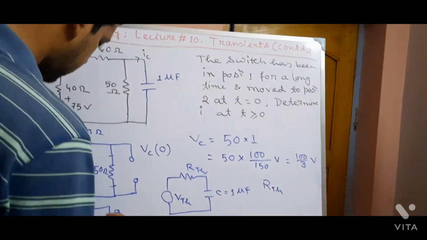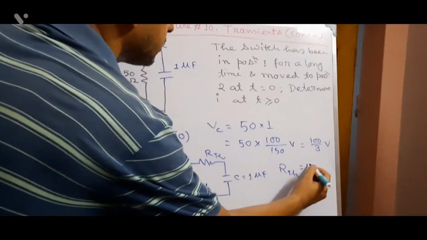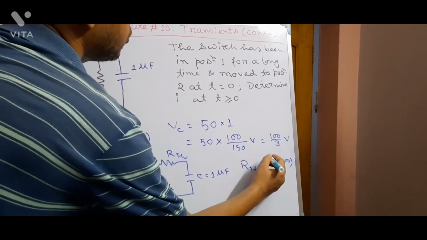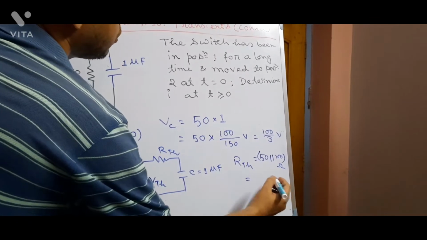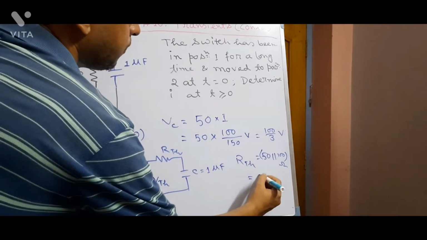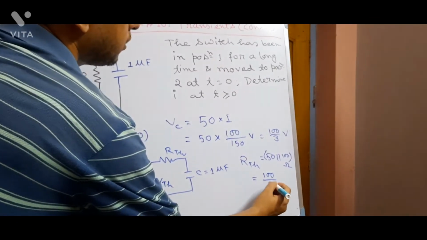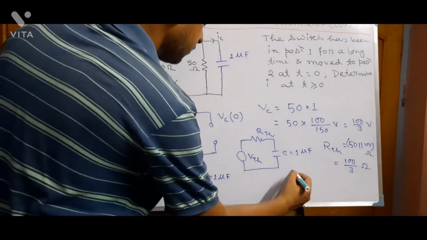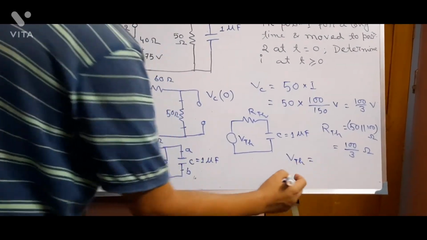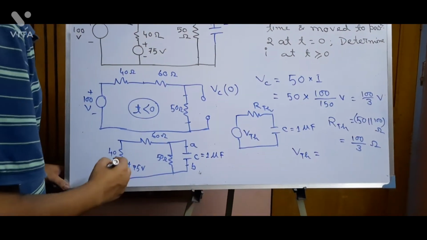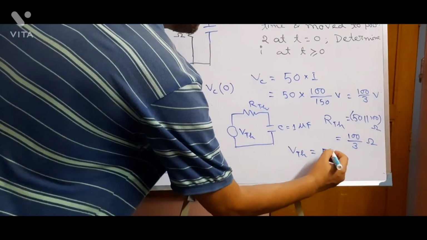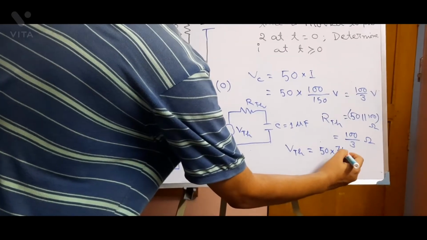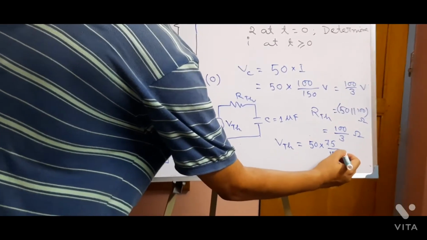So RTH was what? RTH was the parallel combination of 50 and 100 ohm. So this was 100 by 3 ohm, and VTH, I think VTH was 25 volt: 50 into 75 by 150 volt.